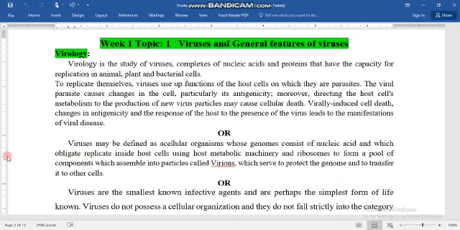Why? Because the cell theory does not explain the nature of viruses. That's why after the cell theory, another theory, the protoplasm theory, was proposed by scientists. This protoplasm theory actually explains the nature of viruses.